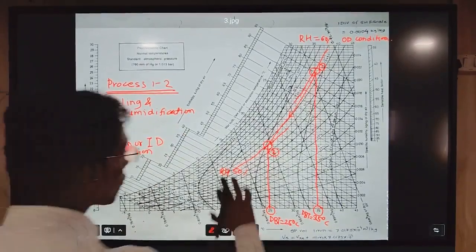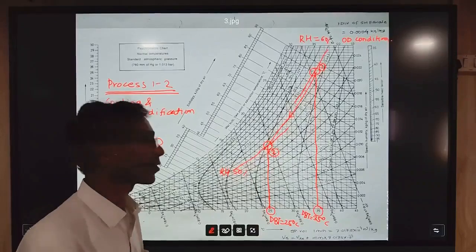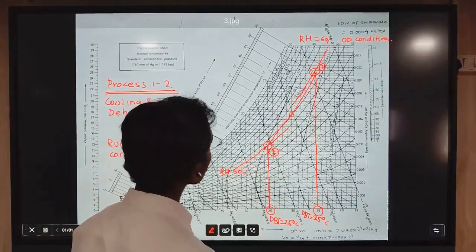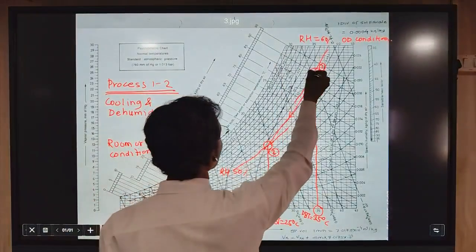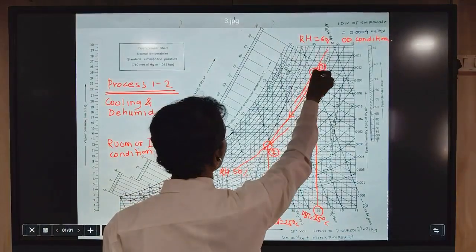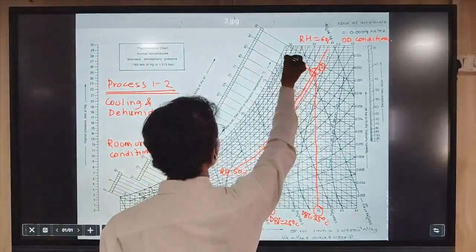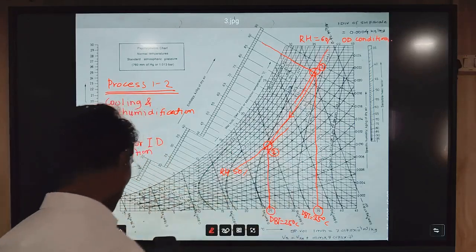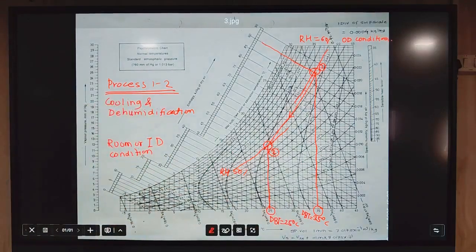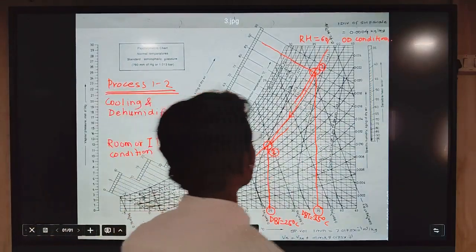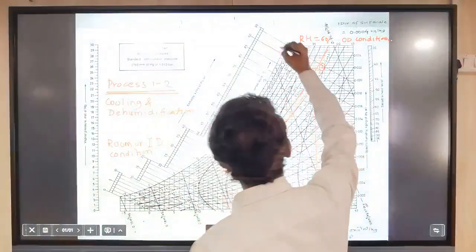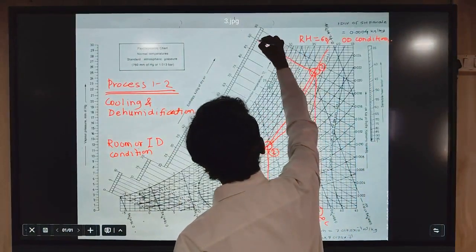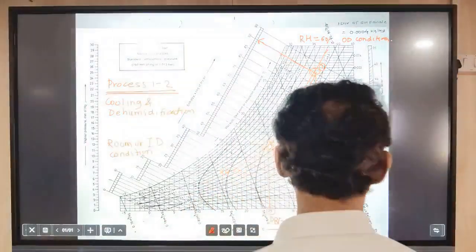Now we have to obtain the values which are required for the calculation. In the calculation we require enthalpy. From point number 1, if you go in the upward direction, you will find the enthalpy for point number 1. The enthalpy comes on this scale.